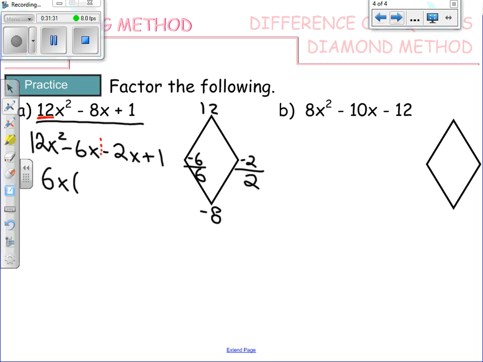What do you factor out of the right side, Ella? Negative 1. You're left with 2x minus 1. You're going to factor out your 2x minus 1. And you're left with 6x minus 1. Same answer, two different ways. Whichever way you prefer works.